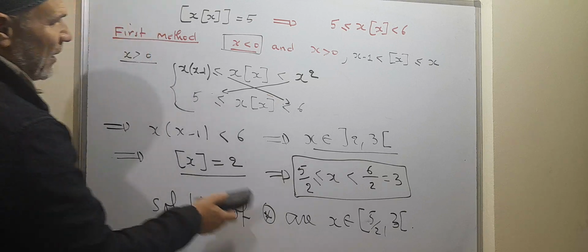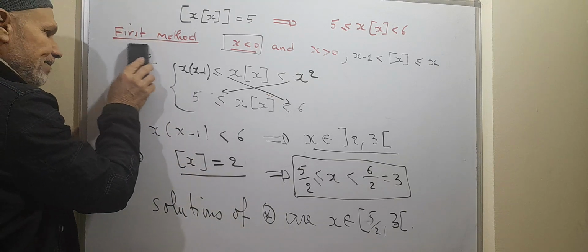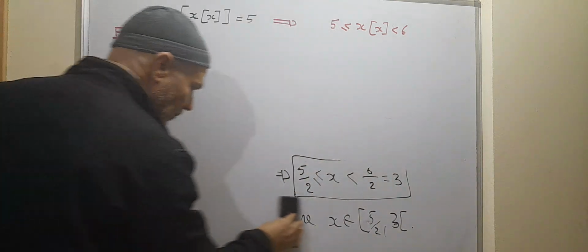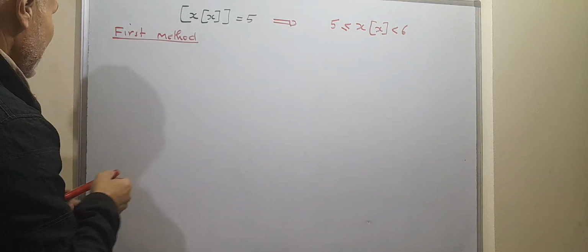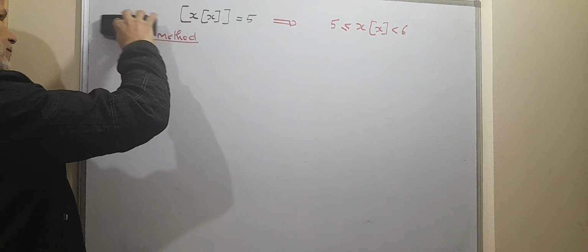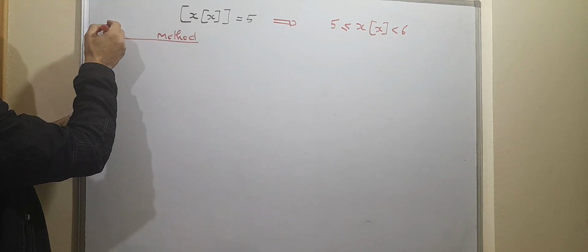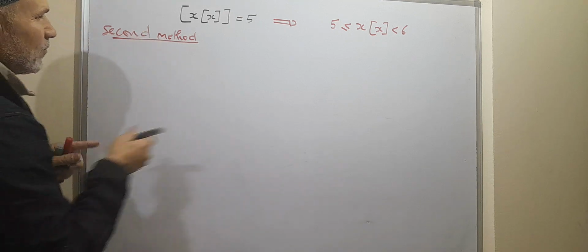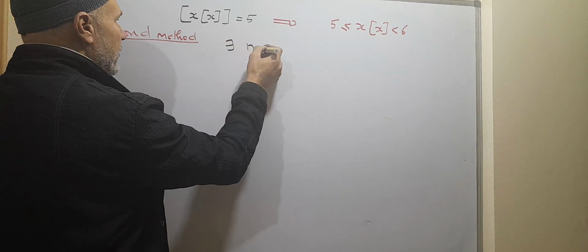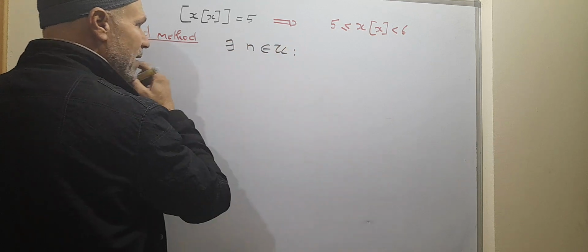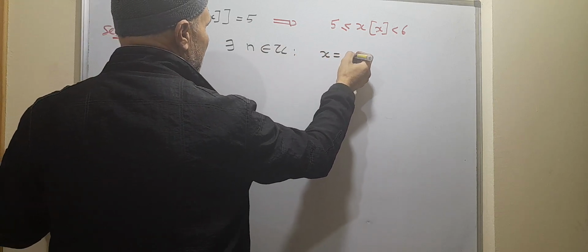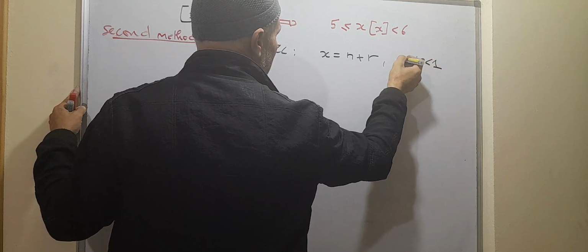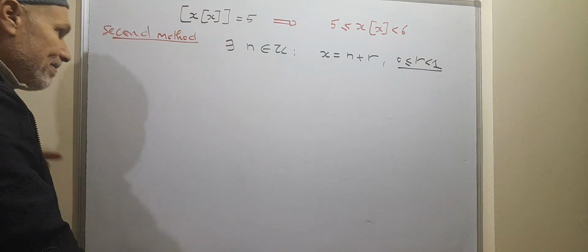Second method. For the second method, suppose that there exists n in Z such that x is equal to n plus r, and r is strictly less than 1 and greater than or equal to 0.